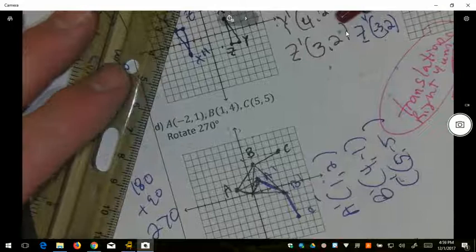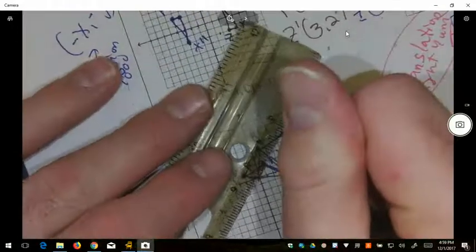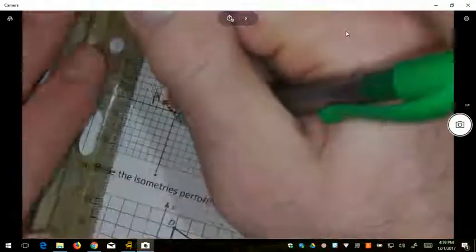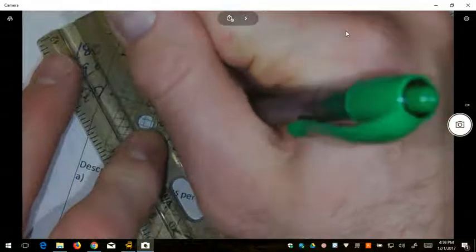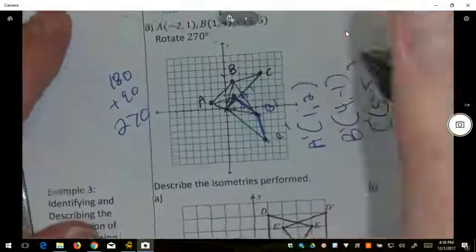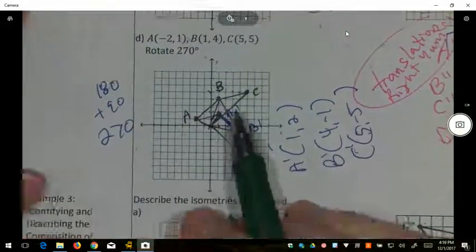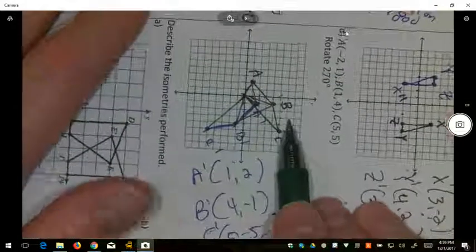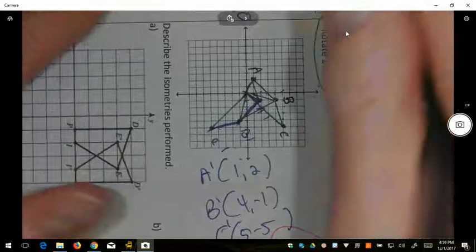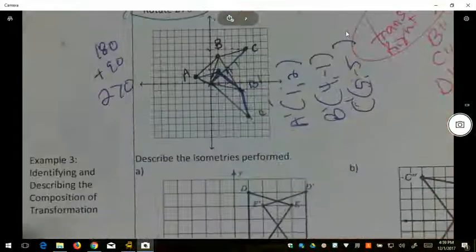C to the origin and C prime to that, they all look like right angles. In fact, they are. They're 90 degrees clockwise. If I turned my paper 90 degrees clockwise, it would end up in the same place. 90 degrees clockwise is not 270 degrees counterclockwise.